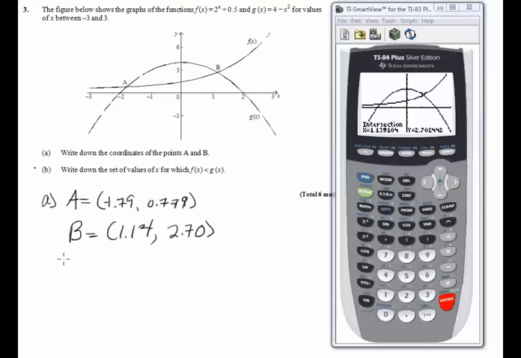Done. And then for part B, we're saying write down the set of values for x for which the f function is less than the g function. So here's f. When is this line less than the graph of g?